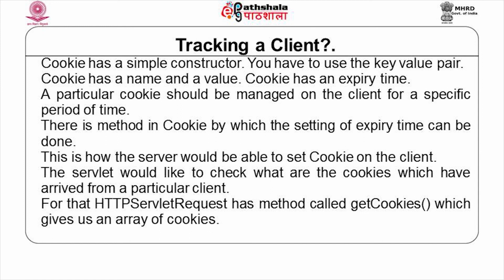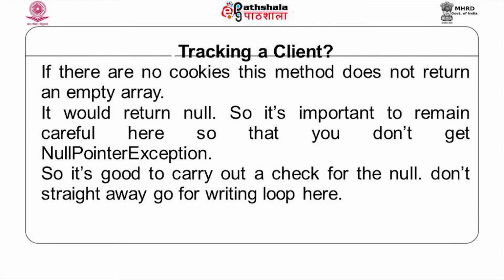Remember one thing. Normally, if a method returns an array, I straight away go for a loop over all the elements of the array, and we do not expect a null to be returned. But here you have to be very careful.